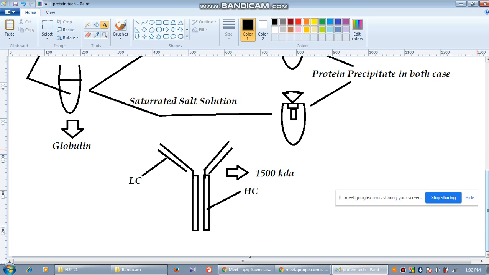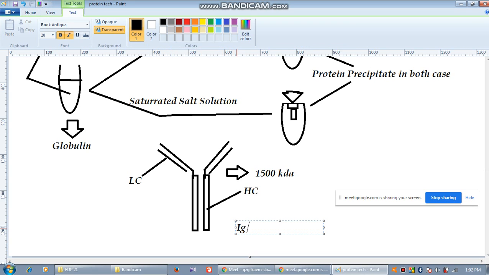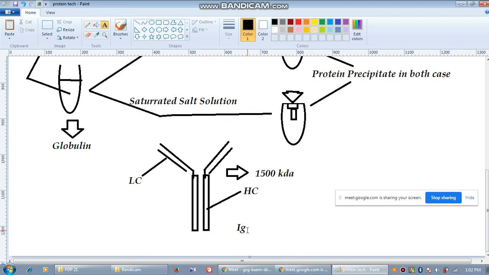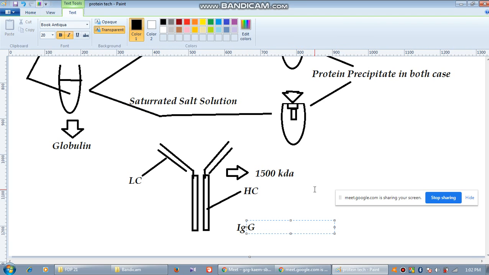Now this is a single molecule of globulin, so it can be represented by Ig, because all the others have different patterns. For example, this is Ig, but if it is IgG we shall say so. Now if it were IgA, then it is a dimer, so we shall write dimer.